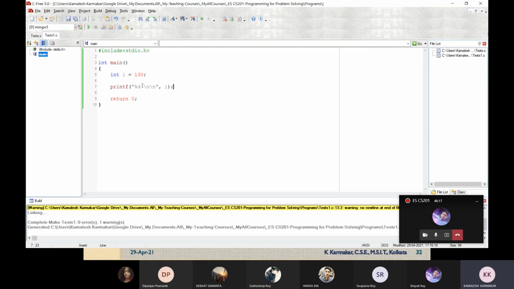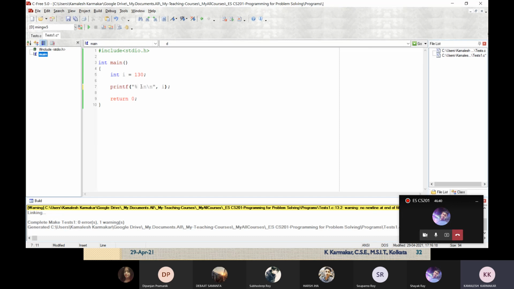If I want to know the address of variable I, we know that I is a variable, an alias of a memory location where 130 is stored. At which address is this value stored?